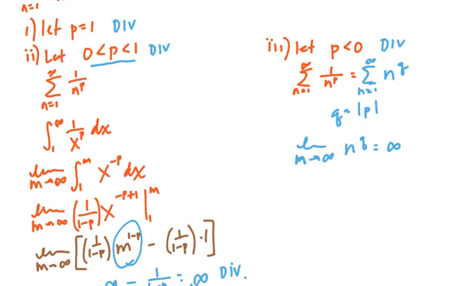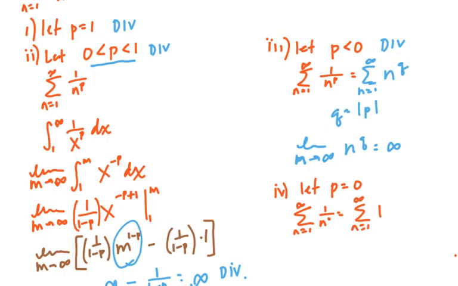Case 4, let's let p equal 0. So we have the sum from n equals 1 to infinity of 1 over n to the 0 power, which means the sum from n equals 1 to infinity of 1.